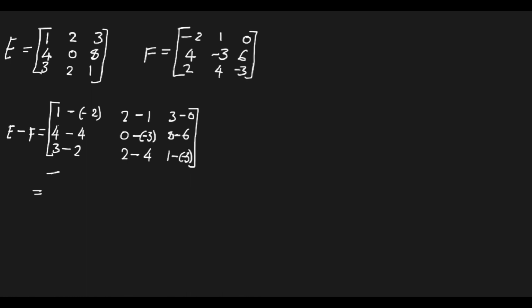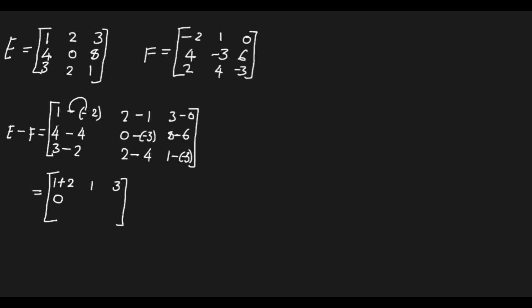So let's now finalize our answer. Here we can see that we are going to have negative times negative, so positive 2. 2 minus 1, that's 1. 3 minus 0 is 3. Now we move on to row 2. 4 minus 4 is 0.